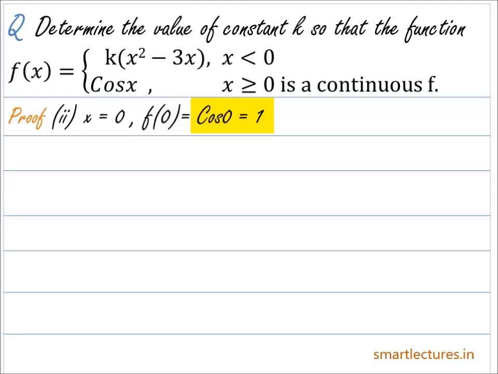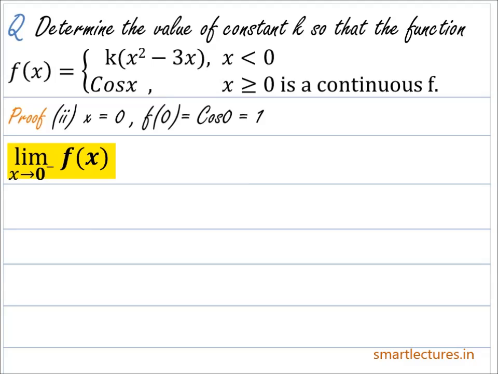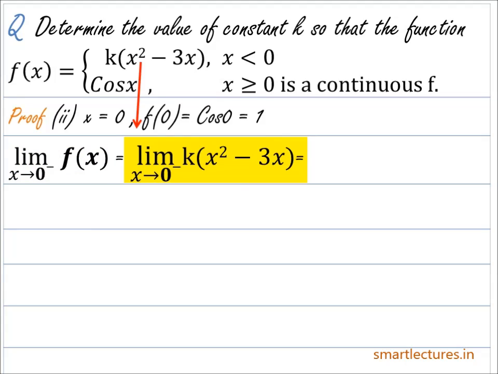And now let's calculate its limits, and for that we shall have to calculate both its left hand limit and the right hand limit. Now let's first calculate its left hand limit. Limit x approaches 0 from the left hand side, f of x is equal to, now when x is less than 0, then in that case f of x is equal to k into x square minus 3x.